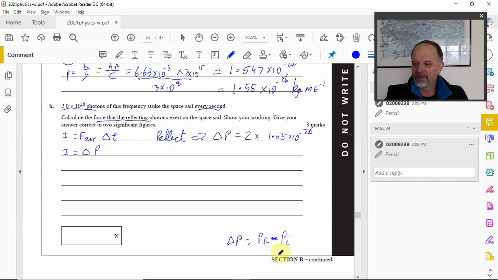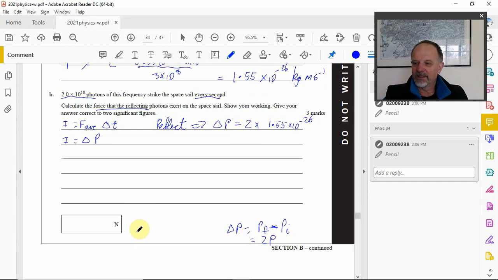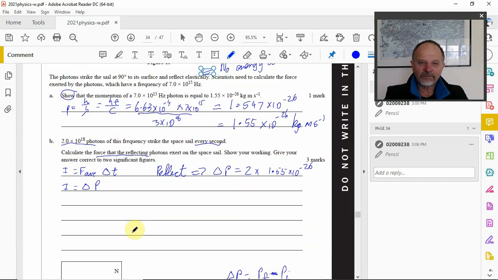So that's why in this case it's 2 lots of the momentum. All right, so 2 lots of that is 3.11 by 10 to the minus 26. Now that's for each photon.